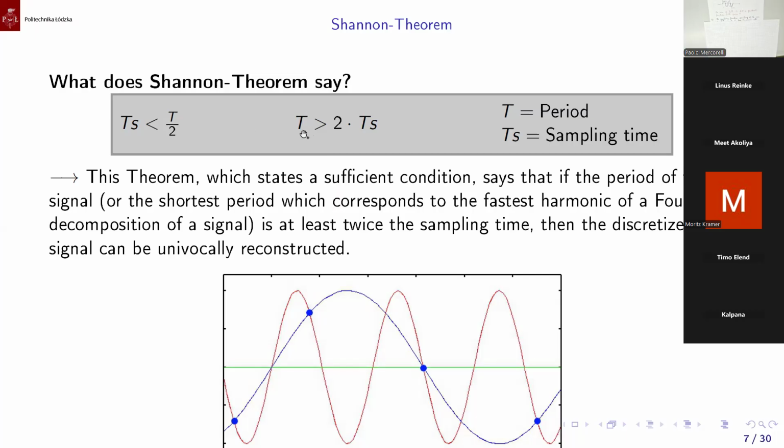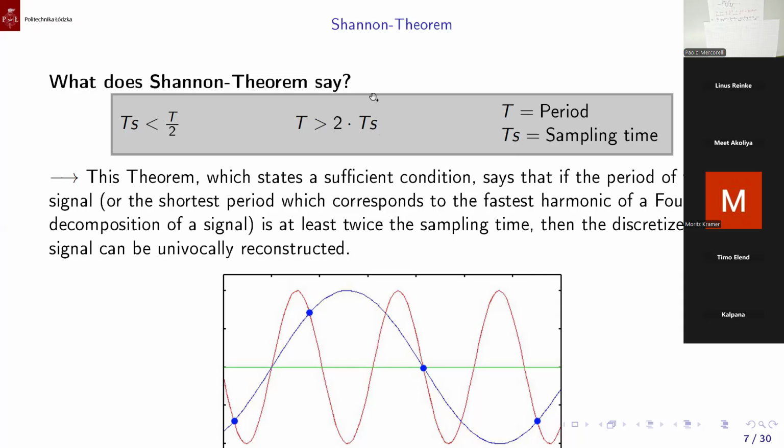We consider T divided 2 larger than 2 times Ts. Because if T divided 2 is larger than 2 times Ts, also T is larger than 2 times Ts. This means T larger than 4 Ts. The other problem which we have is that Ts is not constant. In a more conservative sense, we are considering the largest Ts which we have. I don't know if it's clear what I intend.